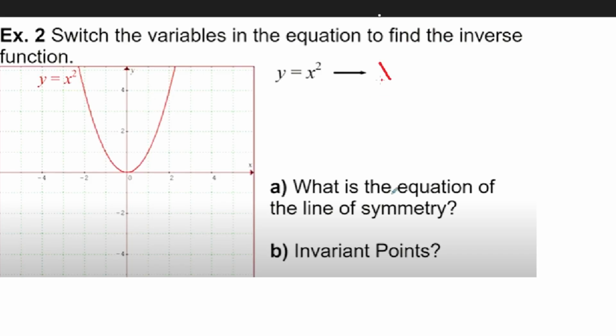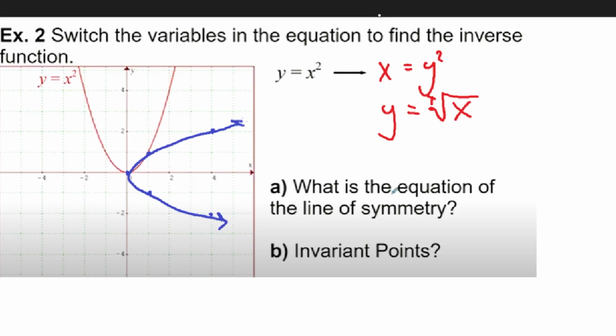Alright, so x is going to be equal to y squared. Isolate y equals plus or minus root x. Okay, so square root of 0 is 0, square root of 1 is 1, square root of 4 is 2, and then, plus or minus, put that down there.